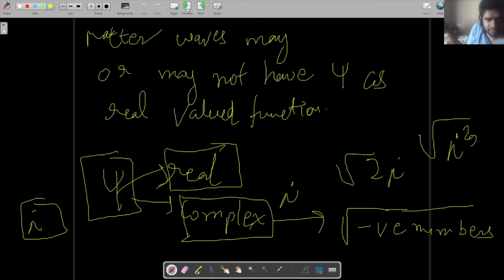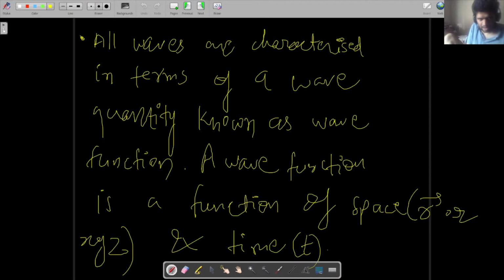Now I have explained the meaning of this statement, right? All waves are characterized in terms of a wave quantity. All waves of this world, whether they are mechanical waves, electromagnetic waves, or matter waves, all kinds of waves in this world are defined in terms of a wave quantity known as wave function.